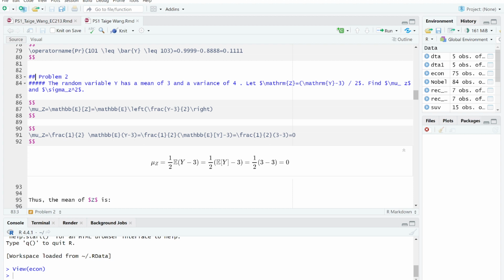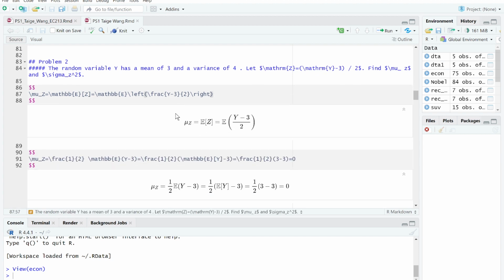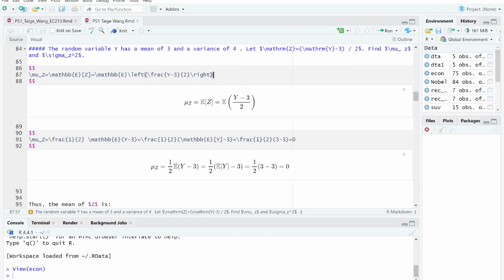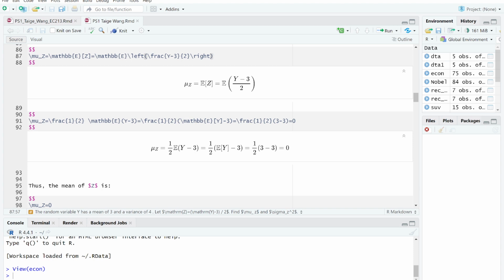So here you click on this. Basically, it will show you the LaTeX form of this. So mu z is you take the expectation of z, and what's z? Z is y minus 3 over 2, and based on the expectation rule, you take expectations.